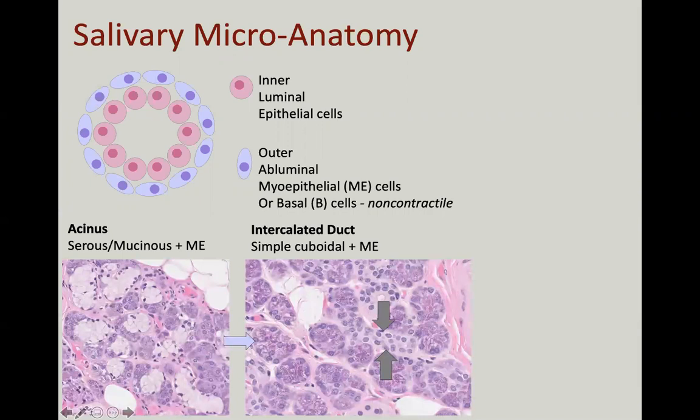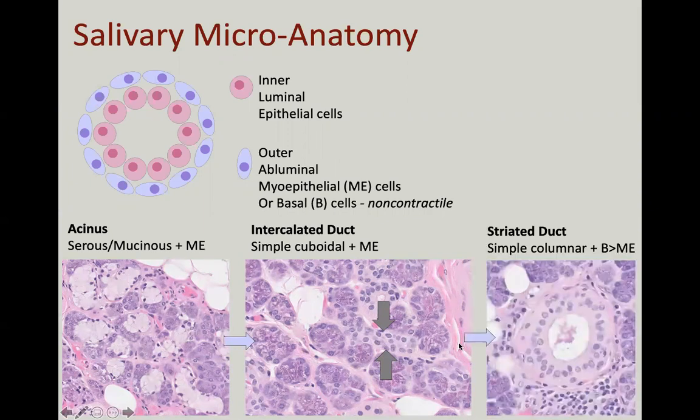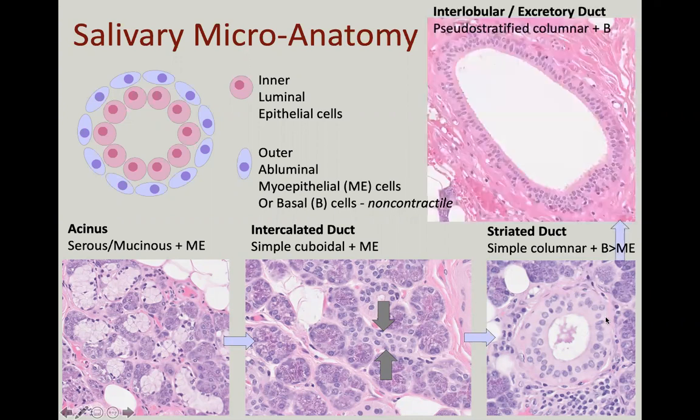The intercalated ducts, which are small ducts between acini, are simple cuboidal epithelium plus myoepithelial cells. And the larger striated ducts are cuboidal to simple columnar cells, kind of oncocytoid almost, with generally more basal cells as opposed to contractile myoepithelial cells. So you can see there's a shift in that outer layer as we march up the duct.